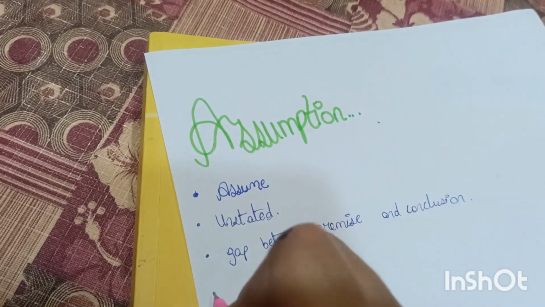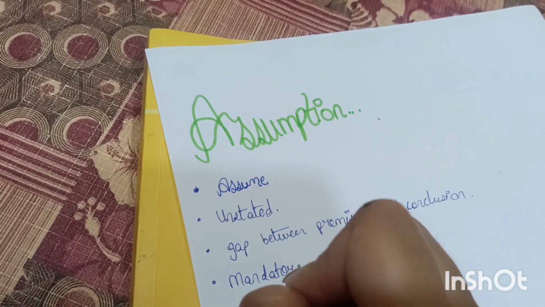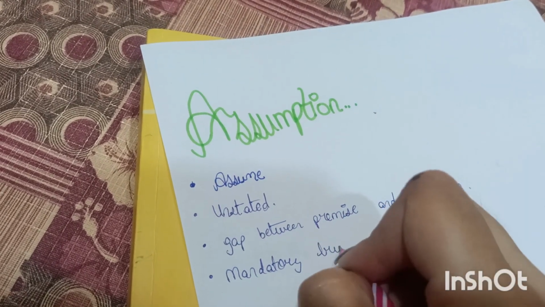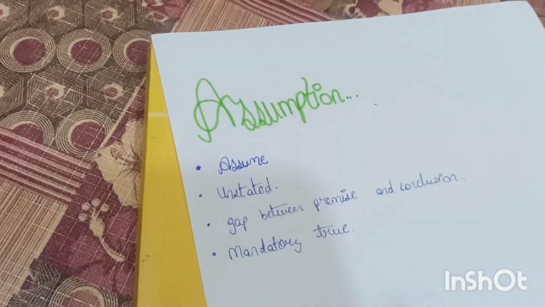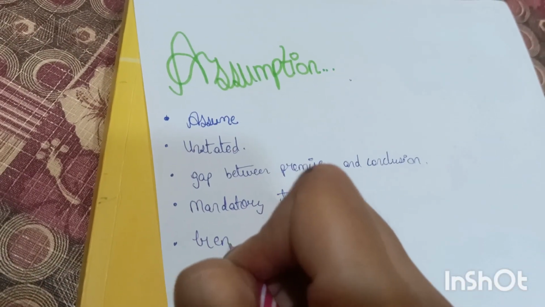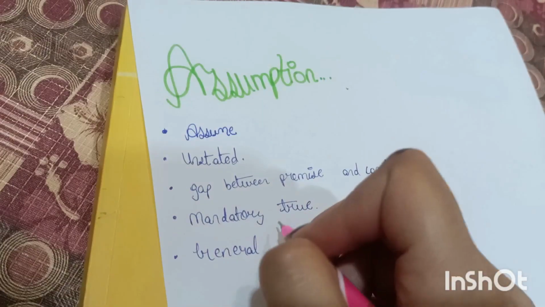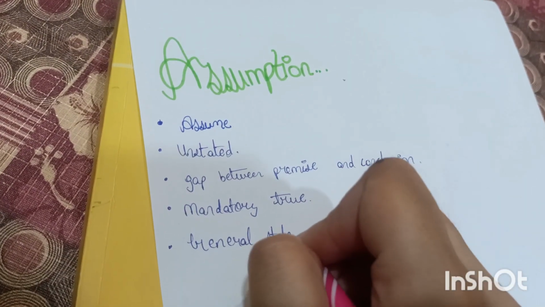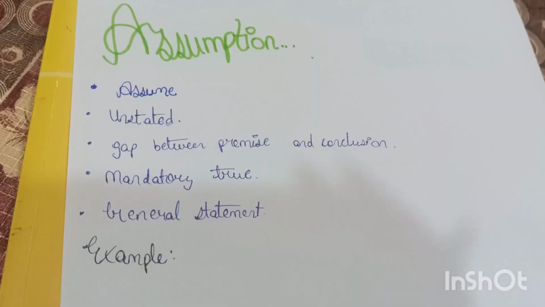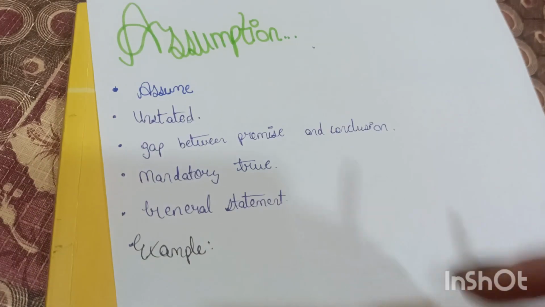The next one is that it has to be mandatory true. Next one is that it is a general statement. So these are the key pointers over here. So now let's see the example.